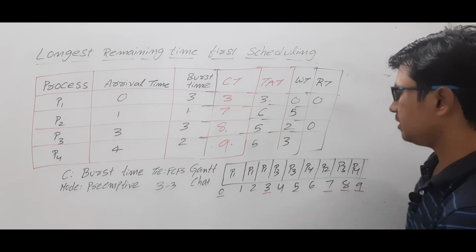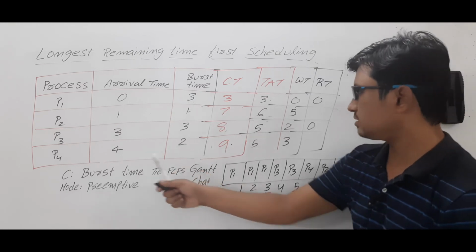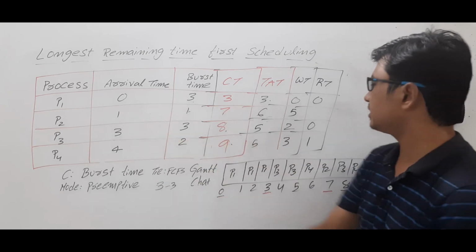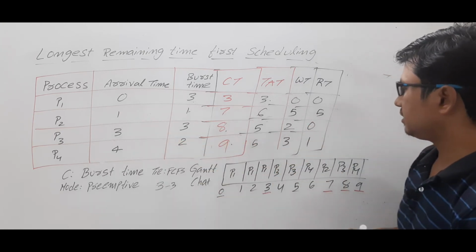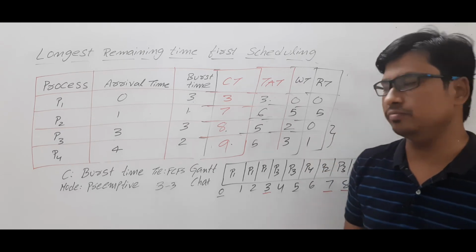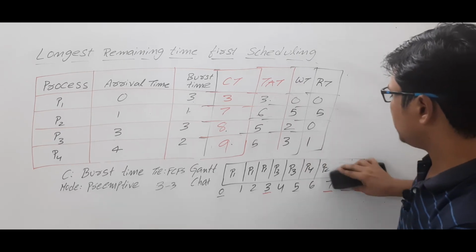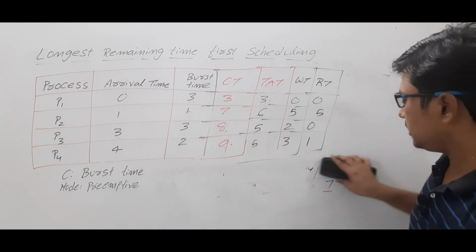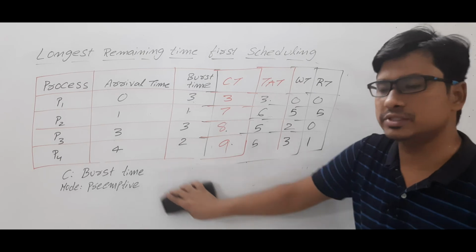Process P4 is 5, 5 minus 4 is 1. Process P2, 6 minus 1 is 5. If you look at these two processes, waiting time and response time are not the same.